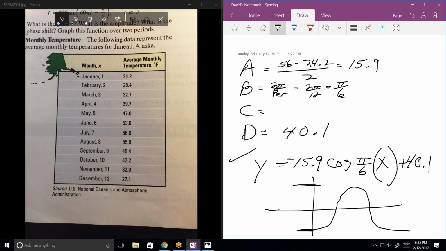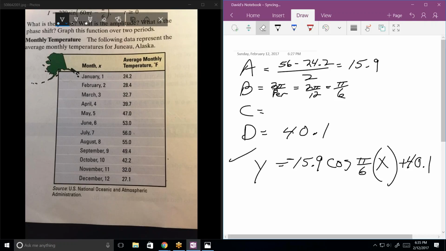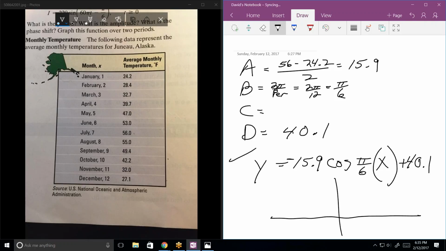Well, you wouldn't quite graph it the way my graph is because my graph doesn't allow for a D. So whenever you have a vertical shift, the best thing to do is to always do that vertical shift first. In other words, I'm going to go up 40.1.